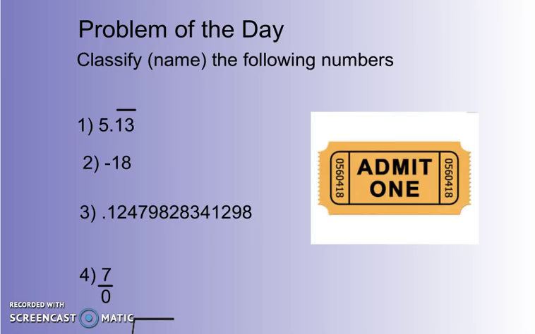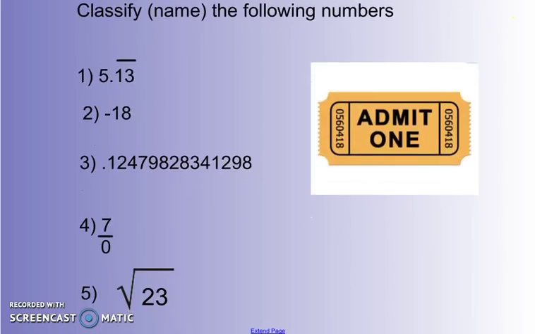What I would like for you to do tonight is I actually want you to try this out. I want you to classify the following numbers. First of all, tell me, are they rational or irrational? Remember, with rational numbers, you can predict what's going to come next. With irrational numbers, you can't predict what's going to come next.